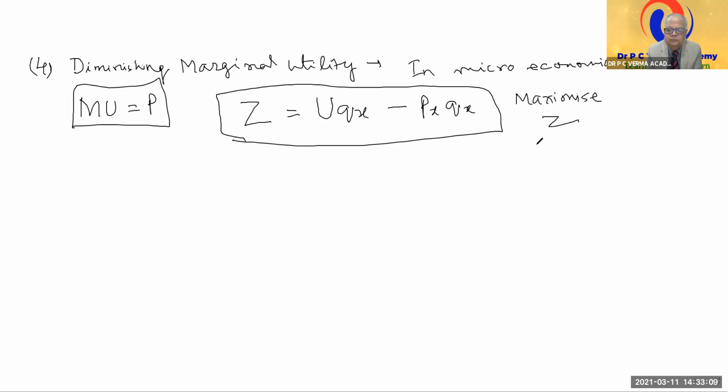Maximize Z, the difference between total utility and expenditure. So maximization of the difference is the aim of consumer's equilibrium.